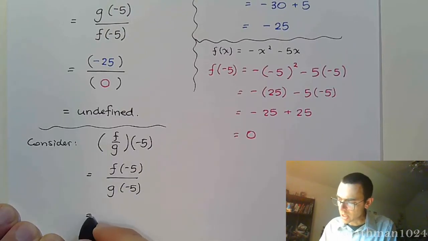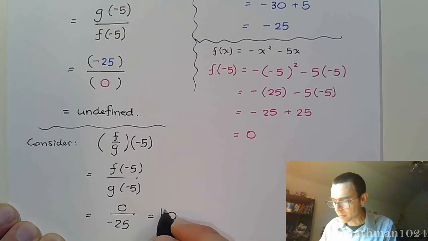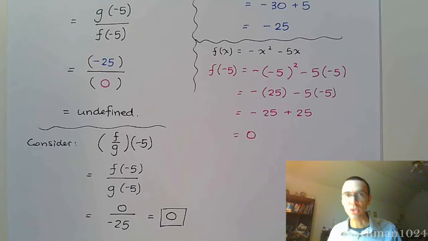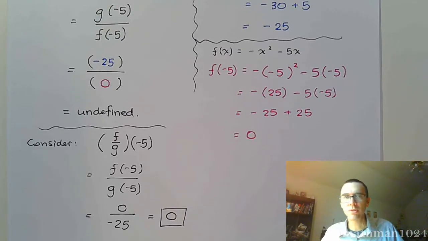In this case, we would have 0 in the numerator and negative 25 in the denominator, but this would just become 0. So when the denominator is 0, the expression is undefined. But if it's just the numerator that's 0, 0 over any non-zero denominator is going to become 0. So there you go, that's doing function operations.